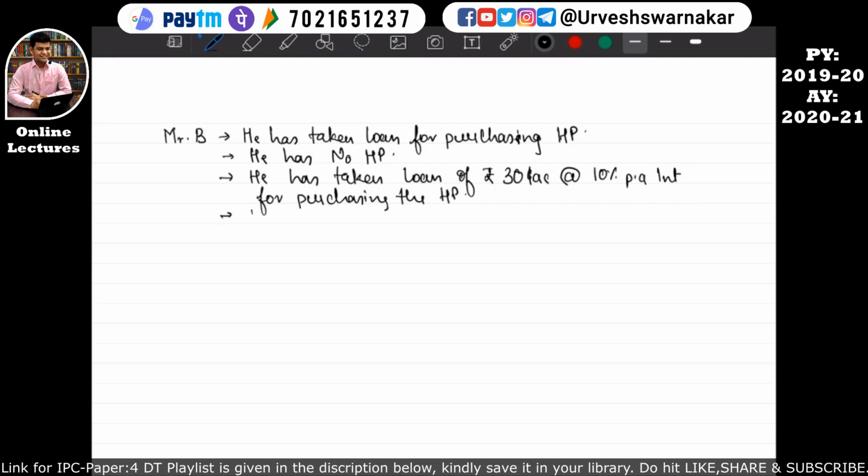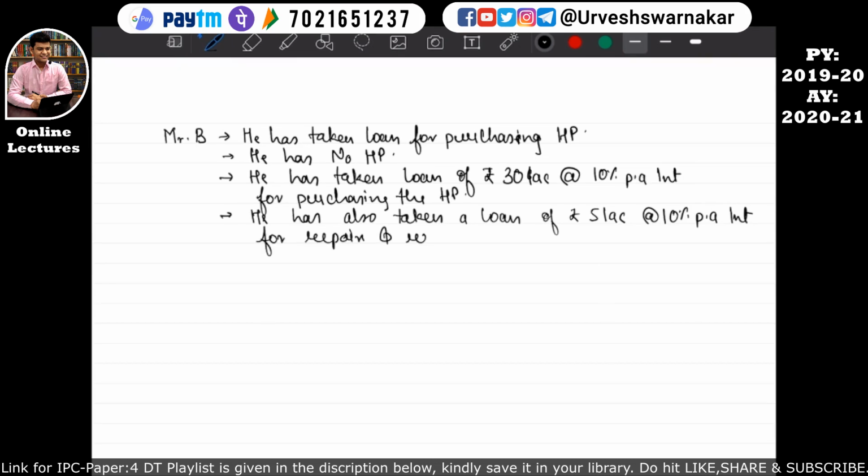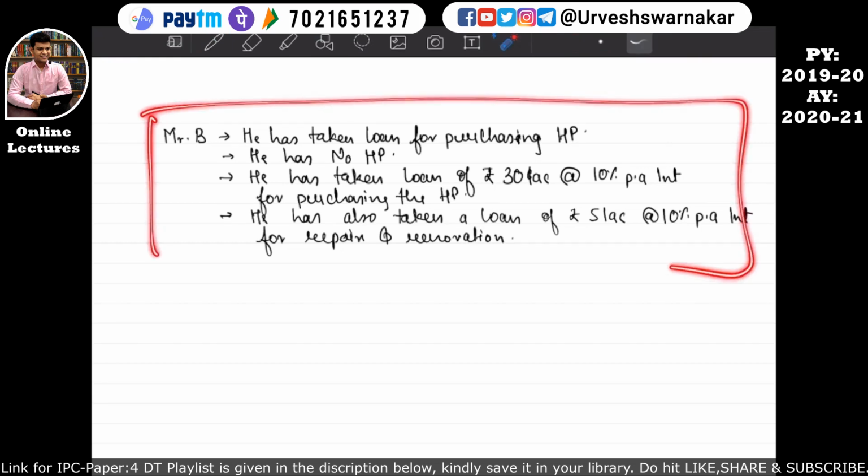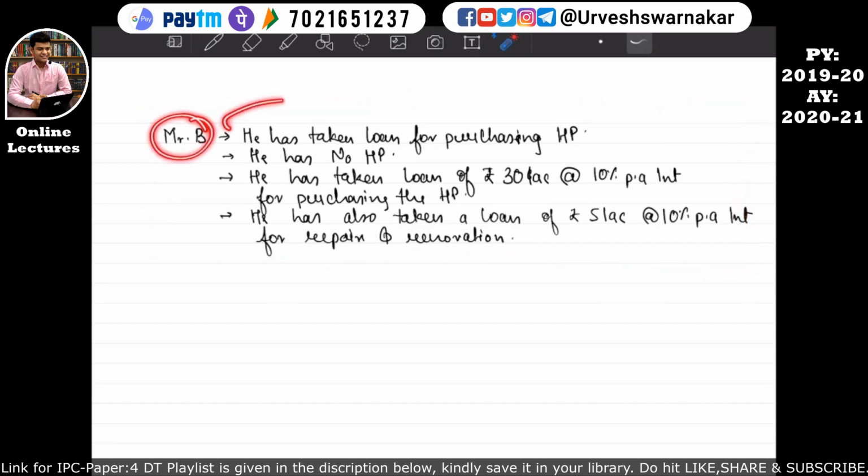Then he has also taken a loan of rupees 5 lakh at the rate of 10% per annum interest for repairs and renovation. I hope this is quite clear to you all. So after reading this example, what we can identify is Mr. B is purchasing a house property and he has no house property.